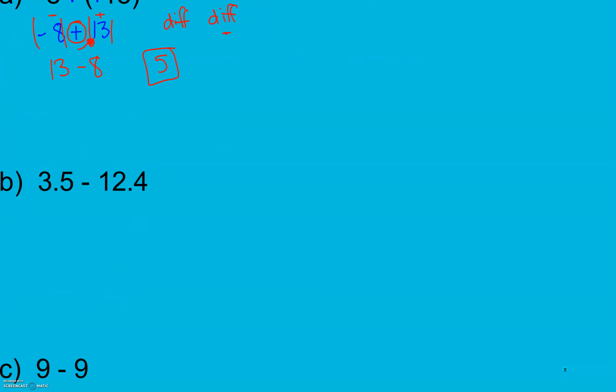Same idea here in B. I change from subtraction to adding, and I take the opposite of what follows. So instead of having 3.5 minus 12.4, I'm going to have 3.5 plus -12.4. Now, I have one positive and one negative, which are different signs.